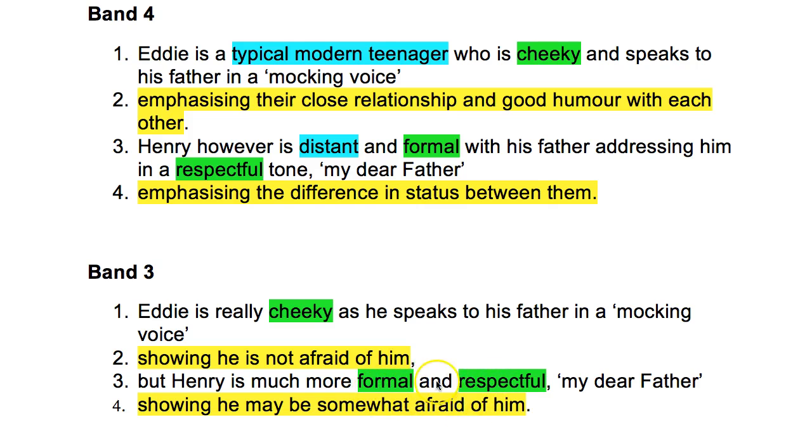So a simple rule of thumb is that you need to make more than 1 point for each quotation in order to get into band 4. But those aren't long detailed points, they're simply a tiny little bit of extra information. It might be just a single adjective.